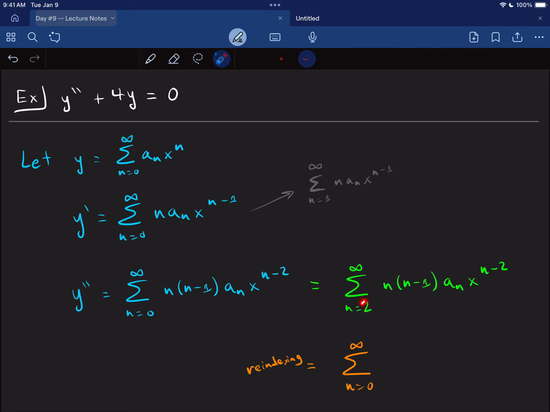I need to have those same things appear regardless of what I choose down here at the bottom in the orange where I started n equals 0. I could start this from n equals 10, but I need to make sure that my first term looks like 2 times 1 times a2 times x to the 0. So let's take a look at this. If I have n equals 0 here, what if I put n plus 2 times n plus 1 times a sub n plus 2 times x to the n?